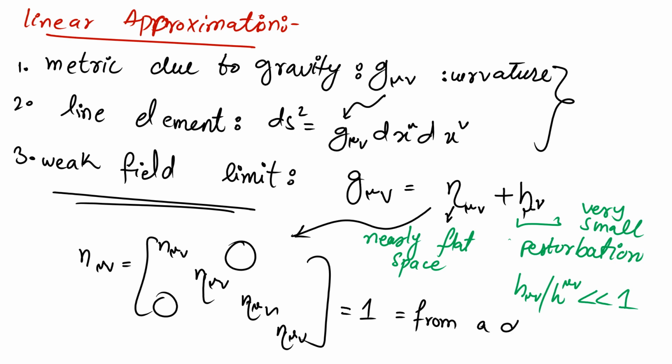From a far distance, this value of eta will be equal to 1. If we consider this, then we can clearly mention that.